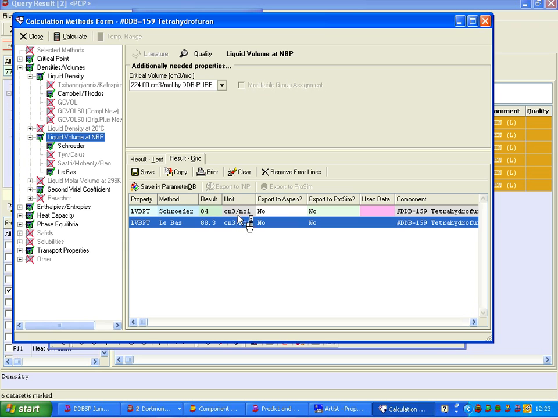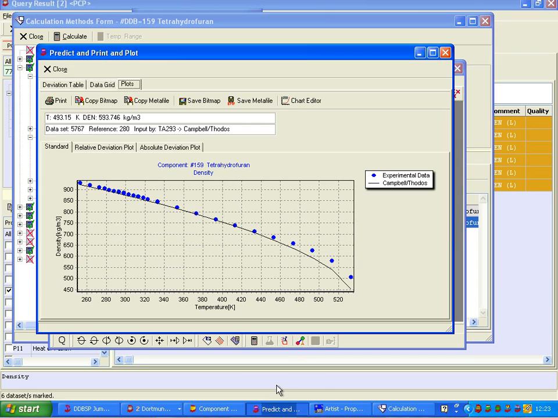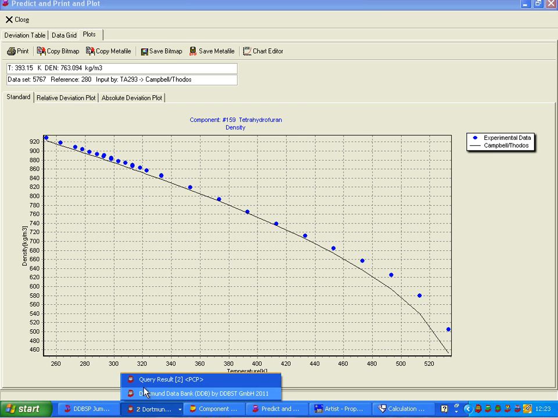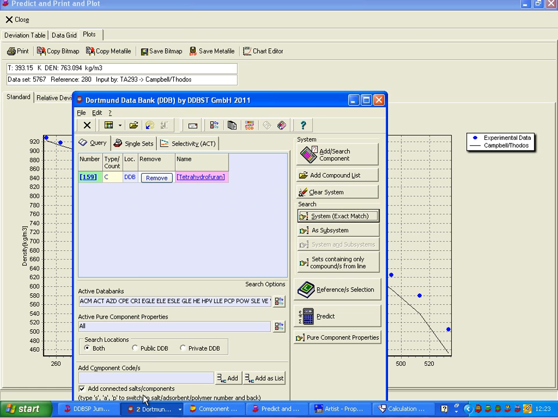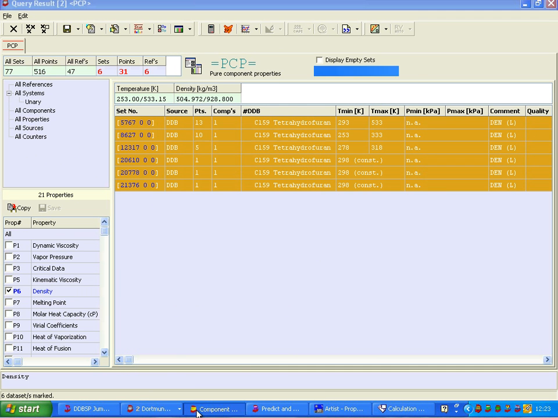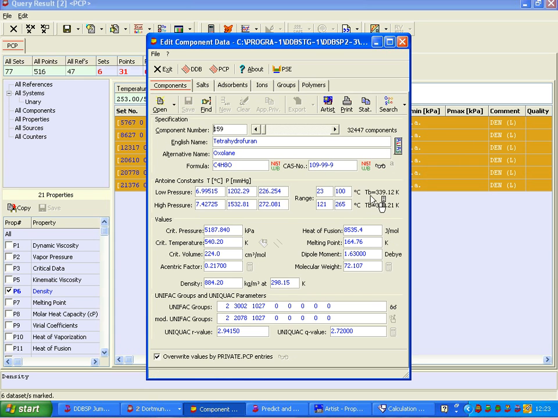Okay, so let us have a look at our number, kilograms per cubic meter, in this plot. That was a normal boiling point, so now we need to know where the normal boiling point is. I'm going back here to that query. Here is a component window, and the normal boiling point is here until the Antoine constants, 339.12.